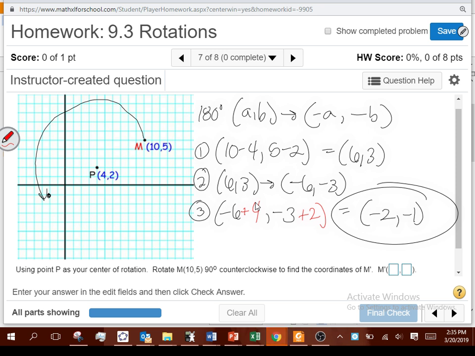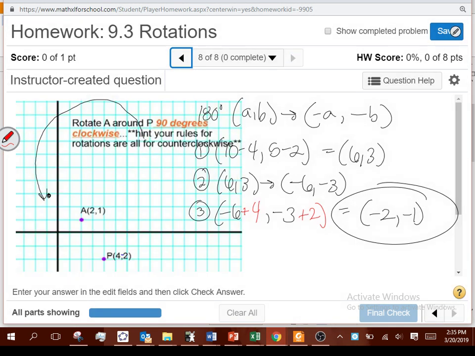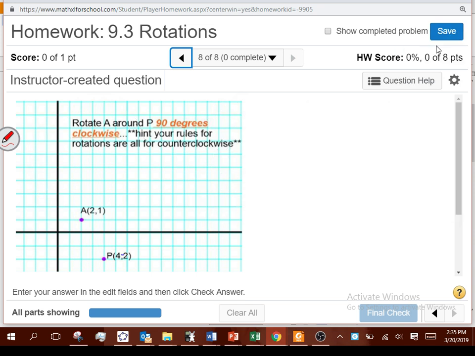Okay. So that's the idea. That's the logic behind that process. The next one asks us something that is counter to our rules.